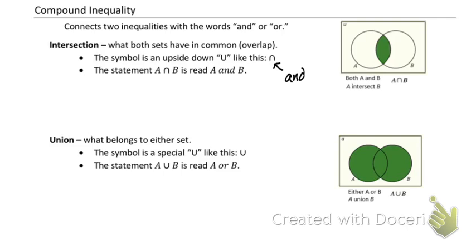I came up with two sets. I just want to use the same ones throughout. So I said we're going to let set A equal just a few numbers: 1, 2, 3, and 4. And we're going to let set B just be the numbers 3, 5, 7, and 8.